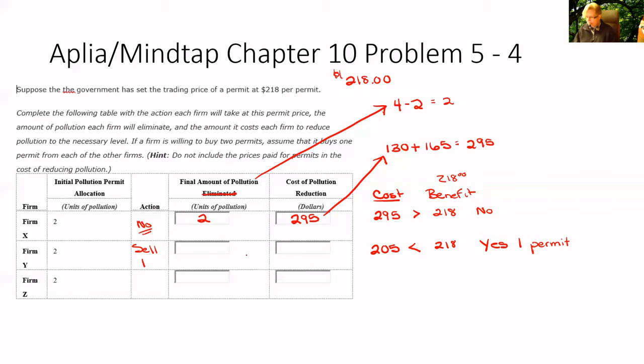And now we're going to look at how this one is calculated. So basically, again, we started off with 4. We're going to use 2, and we're going to sell 1. So the net effect of that is 4 minus 2 is 2.